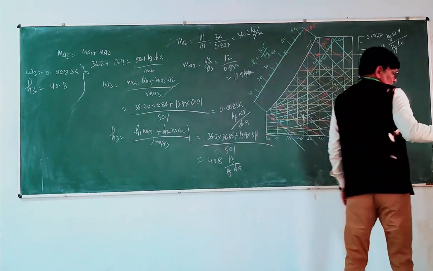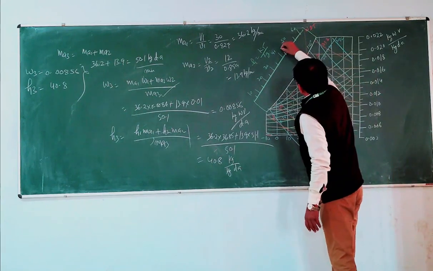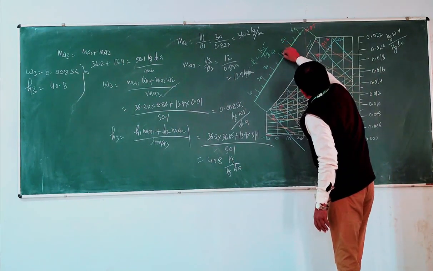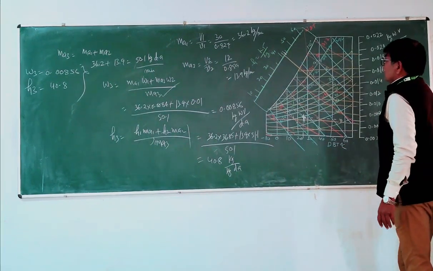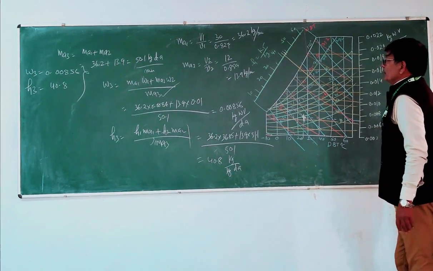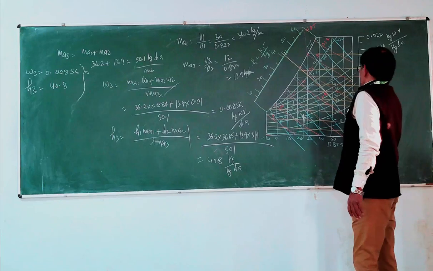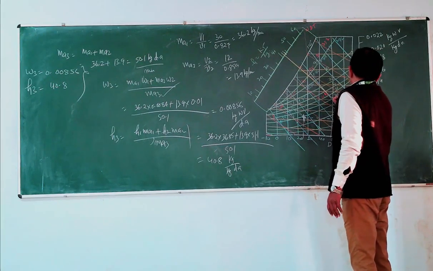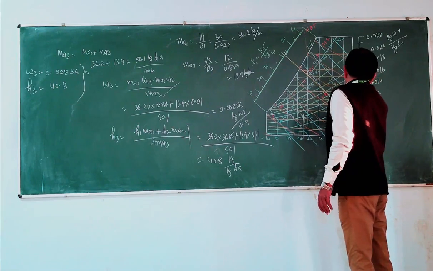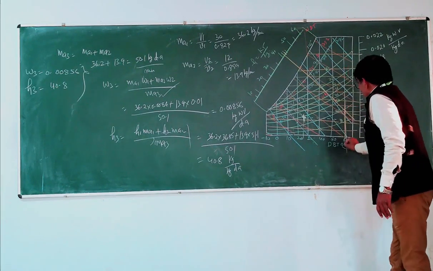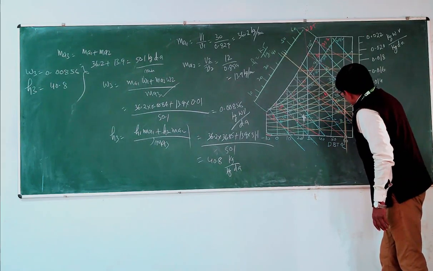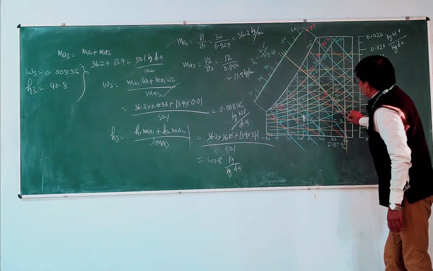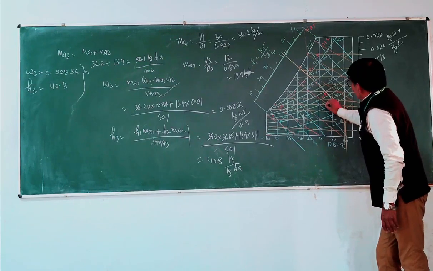Draw a parallel line, 40.8, parallel to the wet bulb temperature line, and then omega 3 equal to 0.00856. You will get somewhere around this point. Draw a vertical line to find out the dry bulb temperature, parallel to the enthalpy lines, and parallel to the wet bulb temperature line you will get the wet bulb temperature.